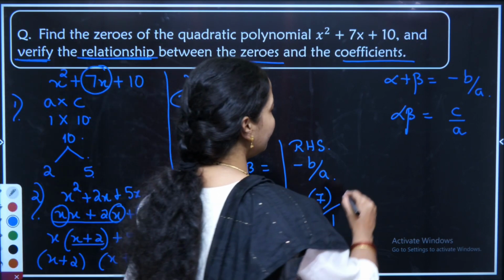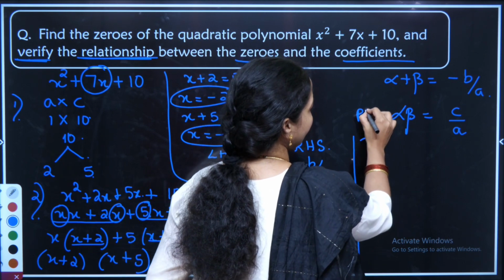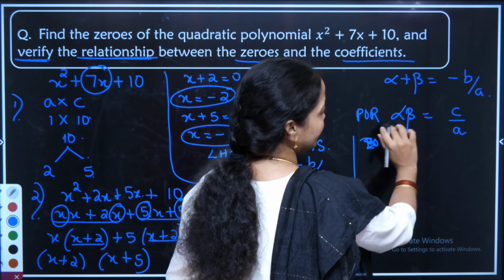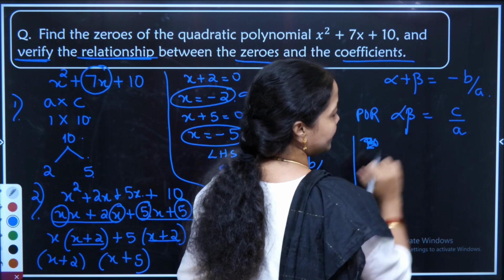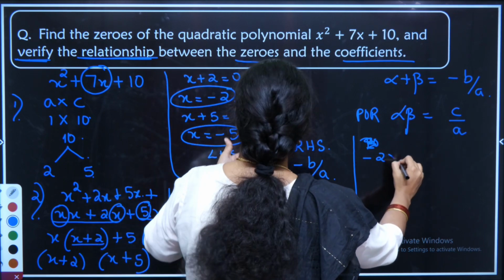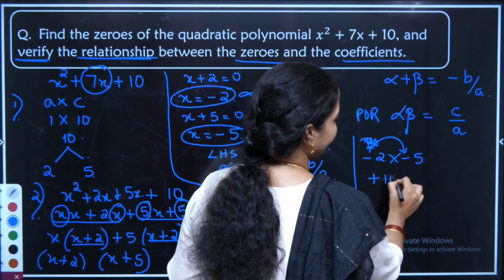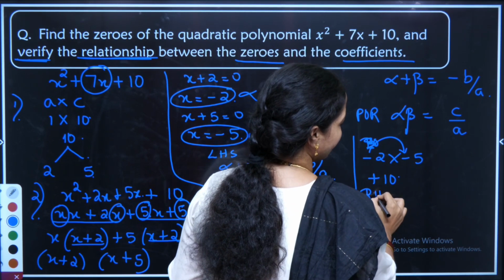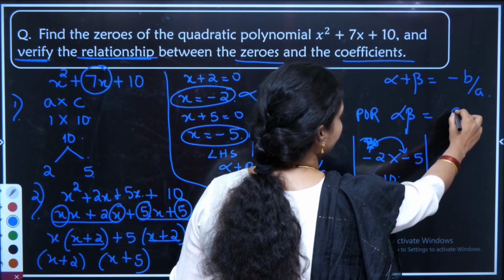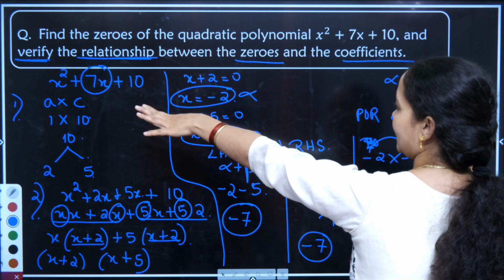Coming to product of roots verification, product of roots is represented, here only we have written, as alpha into beta is c by a. What is our alpha? Alpha is negative 2. What is our beta? Negative 5. Multiplied together I get positive 10. This was my LHS. Coming to RHS, c I'll take from the equation, that is positive 10, by a is 1.